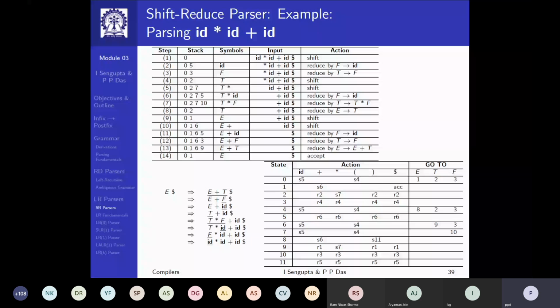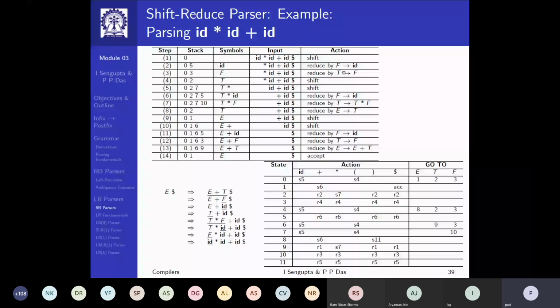Why? Because every symbol comes into the stack by a shift, and every shift changes one state. So if the right hand side has 3 symbols, there'll be a sequence of 3 states corresponding to those symbols having come inside the stack. So you remove the right hand side and you remove as many states from the stack as well. So I'm removing ID, I remove 5 from that. 0 gets exposed.